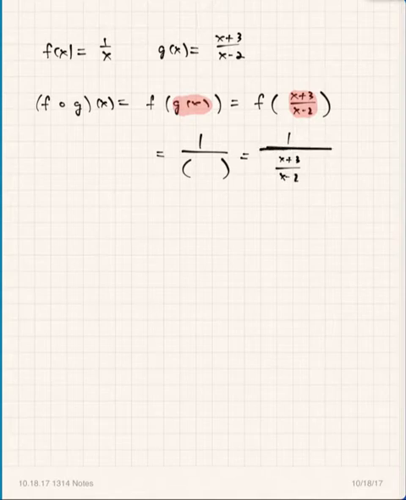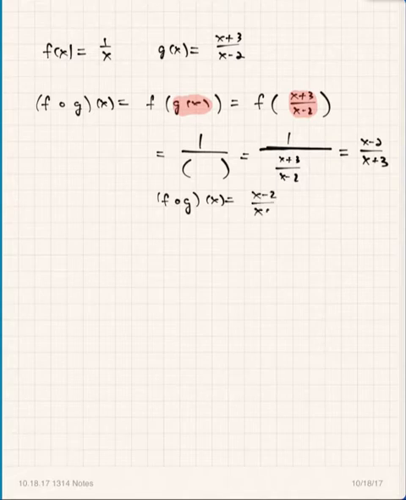And so I get 1 over (x plus 3) over (x minus 2). So that's 1 divided by that, which just means you're multiplying by the reciprocal. So you just invert and multiply here, and you end up with (x minus 2) over (x plus 3). And so that's my composition function. So that's f circle g of x is equal to (x minus 2) over (x plus 3).